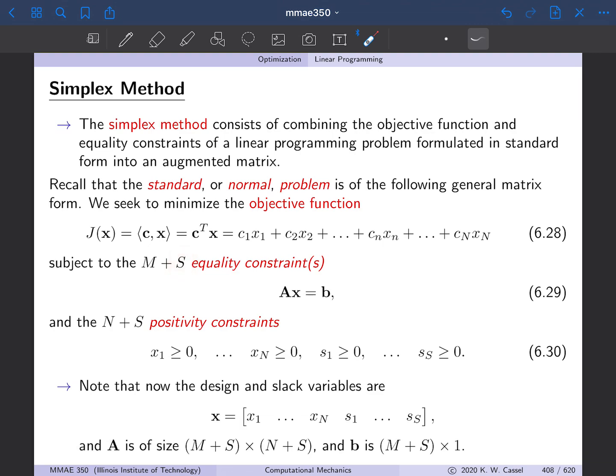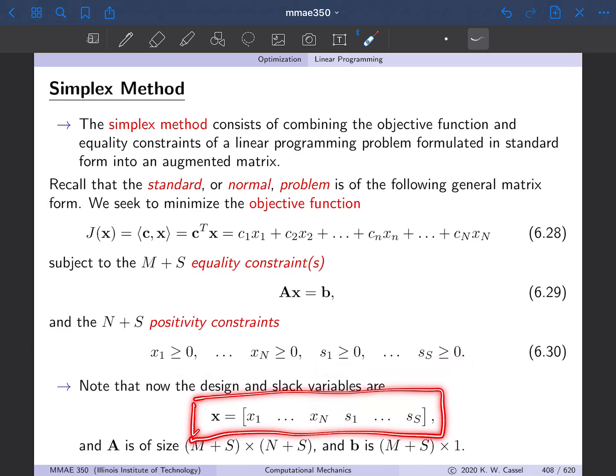So once we use the slack variables to convert the inequality into equality constraints, we have m plus s of these, and that's the size of this Ax equals b matrix problem. And then we have the positivity constraints. So there are, again, n original design variables, now s additional slack variables, each of which has a positivity constraint that it must be non-negative.